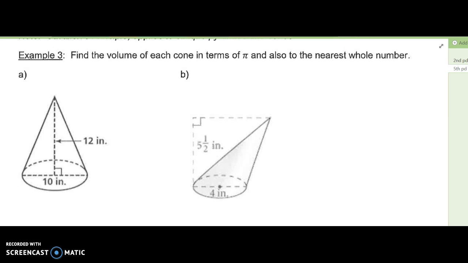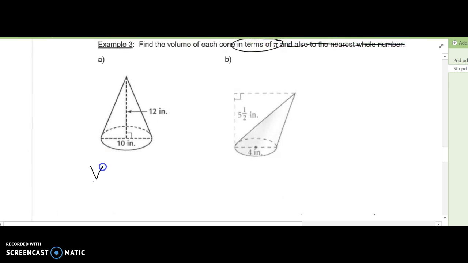Okay, so here we go. Find the volume of each in terms of pi and also to the nearest whole number. Let's do this one in terms of pi, just because I'm afraid in Math Excel they might ask you for in terms of pi. And I think we've already practiced it to the nearest tenth. So here we go.